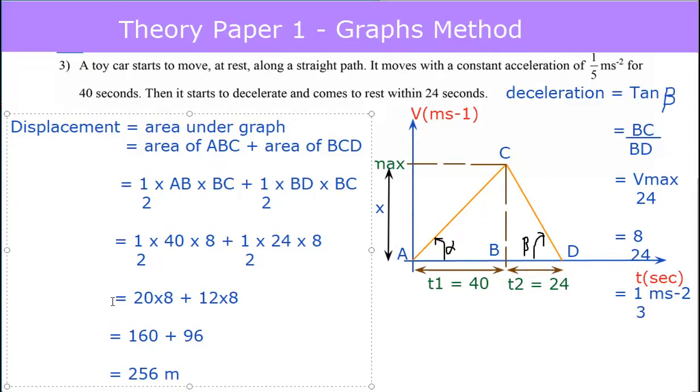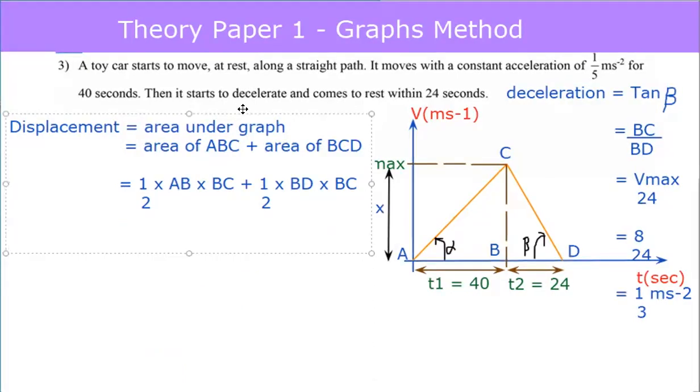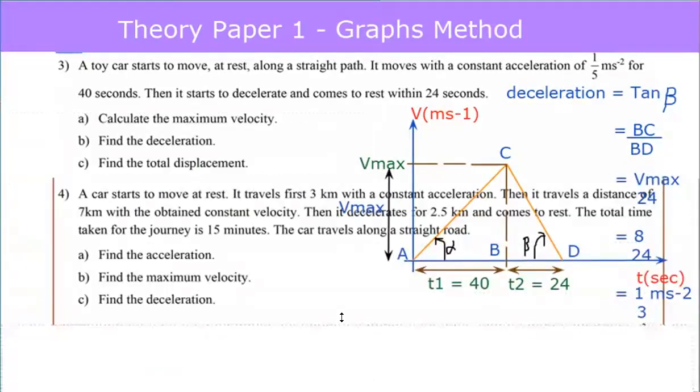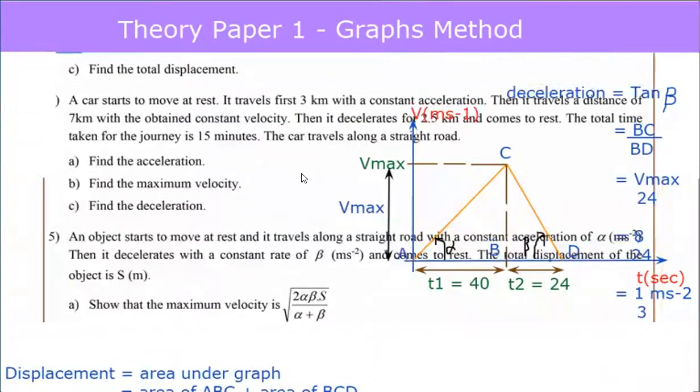Let me erase all the things and go for the next question, number 4. Right. So here I have to erase all these things. What about question number 4? Let me move it up.